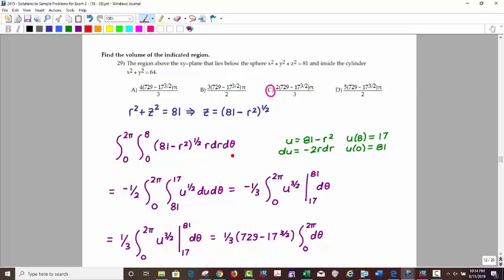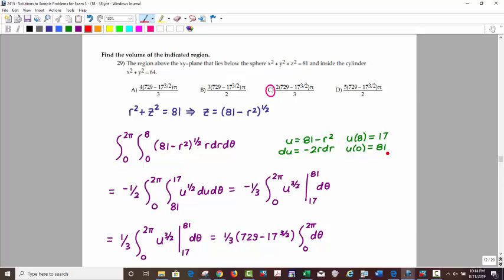Now we have our standard r there. And this is good because the cylinder region of integration makes this easier. There's nothing restricting the entire cylinder, so it's going to go from 0 to 8, and then 0 to 2 pi. This will be a U substitution integral. You put in 8 here, you get 81 minus 64, which is 17.